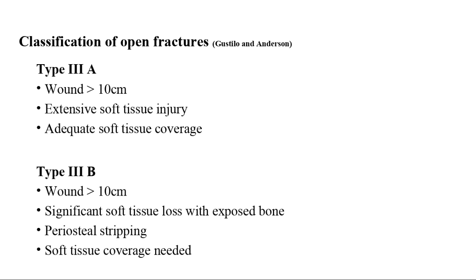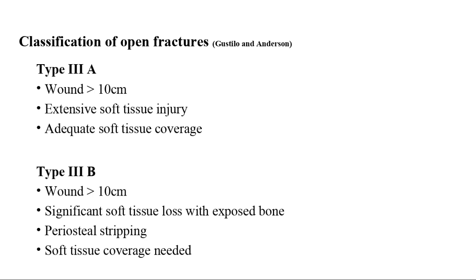Okay, so now let's come back. So the type 3A, what's the difference between the type 3A and the type 3B? Periosteal stripping. With periosteal stripping, yes, there's a significant soft tissue loss with exposed bone, but if that part of the body which brings blood supply to the bone is not there, then the incidence of non-union and the incidence of infection is greater.